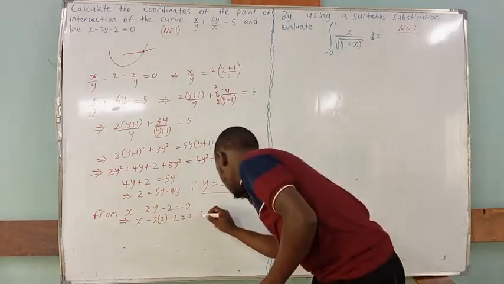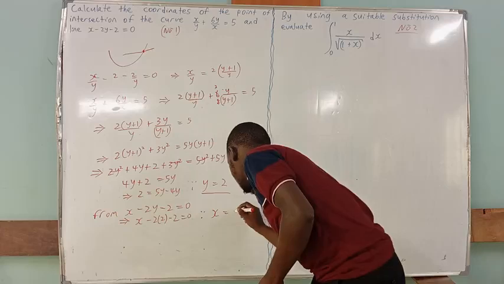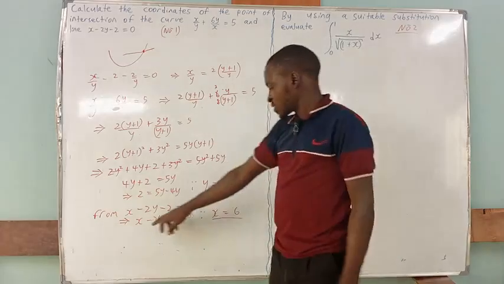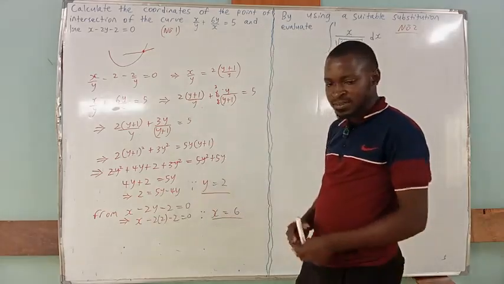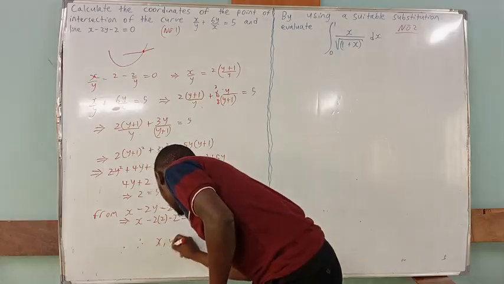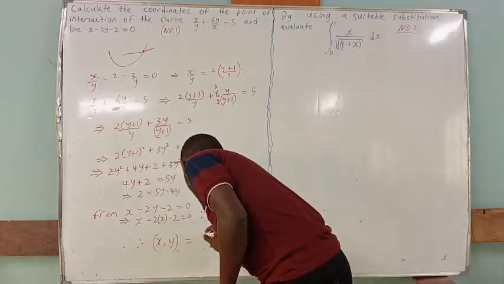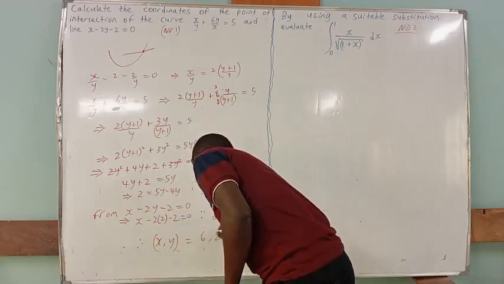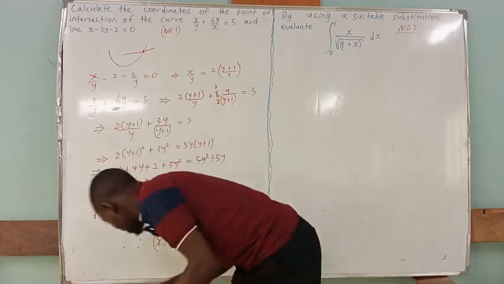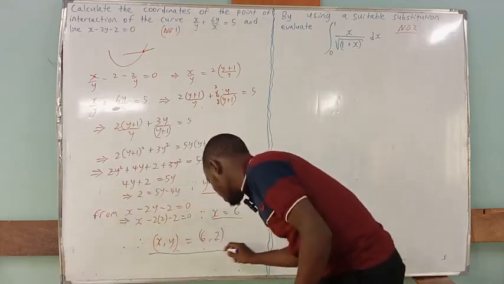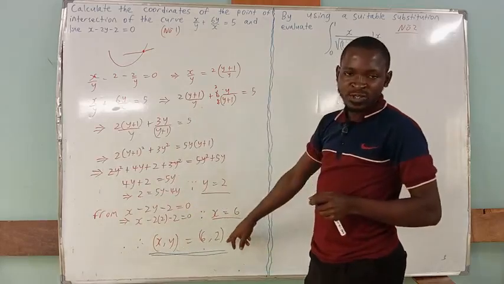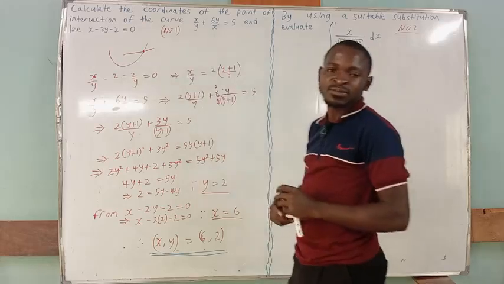Therefore, x is the same as 6. After placing your calculator, you get x is 6. You make a conclusion that x, y is equal to 6, 2. And this is the point of intersection of the line and the curve.